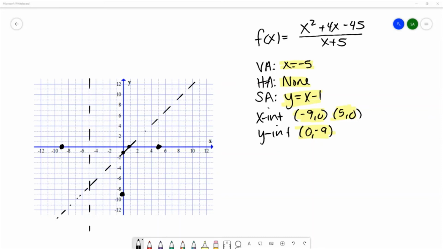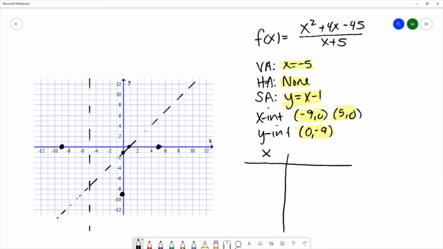I have a few points. I have the x-intercepts and y-intercepts, but until I have points in every section, I won't feel confident on how to draw the picture. So I'm going to make a chart, choosing a few extra values of x so that I can draw my lines in every single one of the sections.